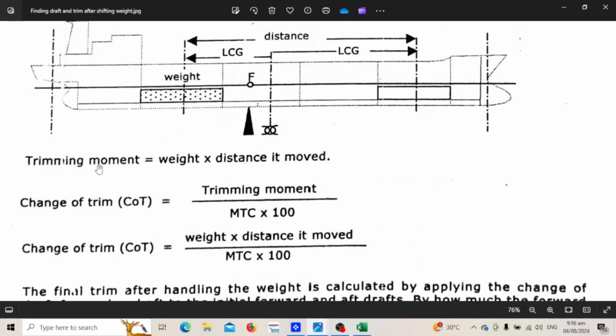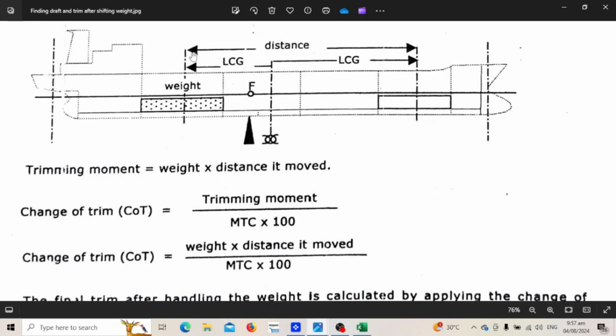Okay? Now, that is all speaking of trimming moment. Change of trim is the trimming moment over MTC times 100. This is constant, guys. It's always like this. MTC is taken at your current draft or present draft, times 100. But trimming moment is what I have already explained. You have a distance and you have a weight.